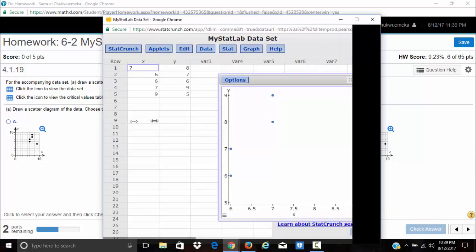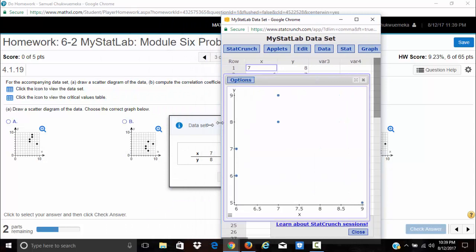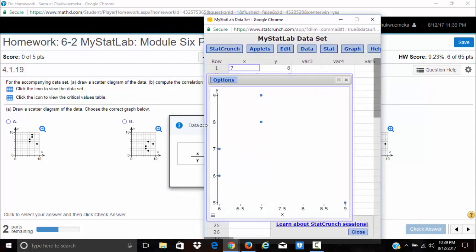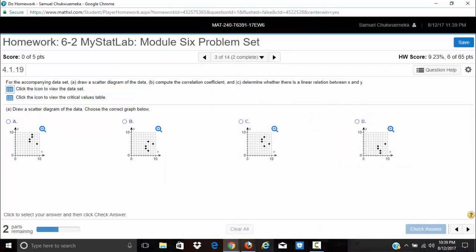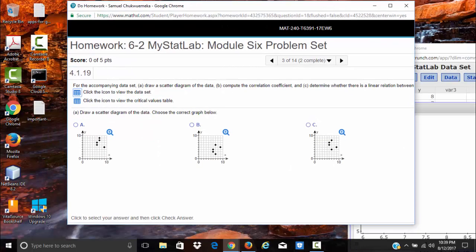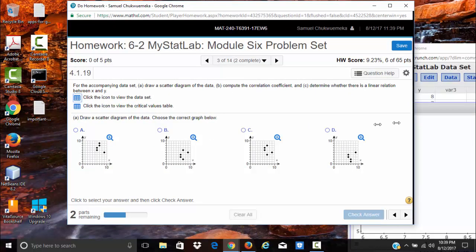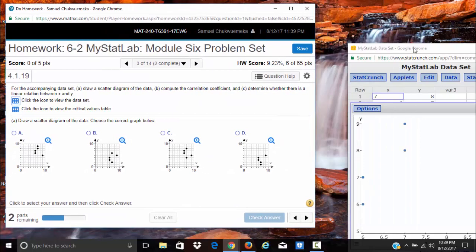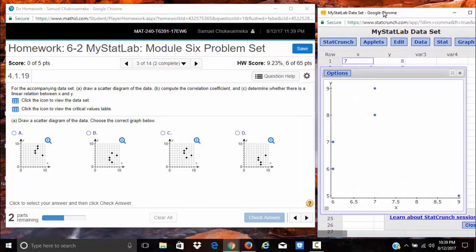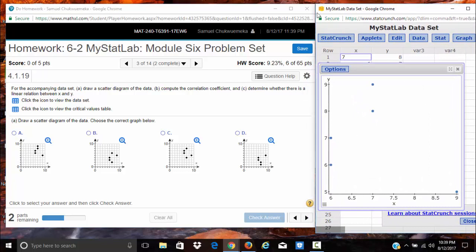Now, let's observe this. I'm going to close this right here and pull this, so we can see this side by side and compare.